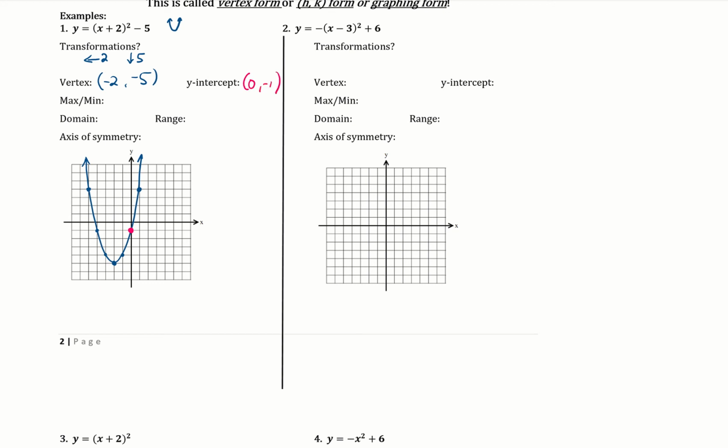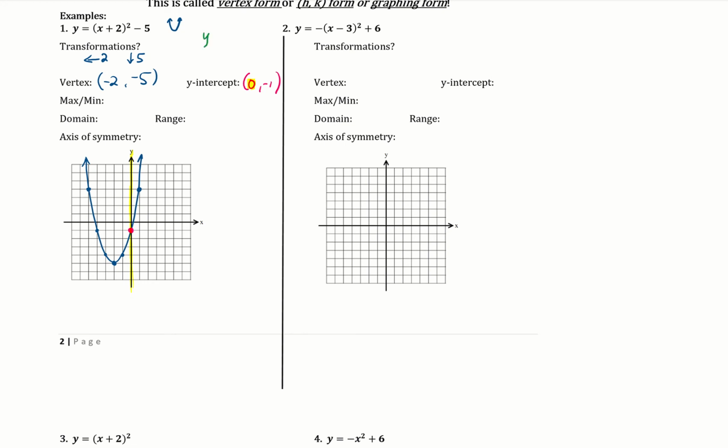Now, there might be a situation where you're not able to identify the y-intercept from the graph, because it might cross the y-axis somewhere that doesn't appear on what you actually graph. So an alternative way to find the y-intercept is to take the x-coordinate of 0, because every point on the y-axis has an x-coordinate of 0, and plug that into the equation.